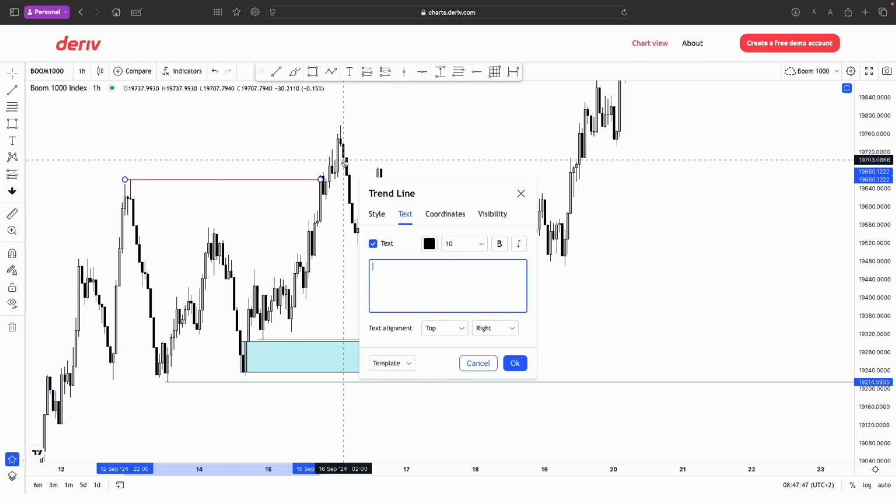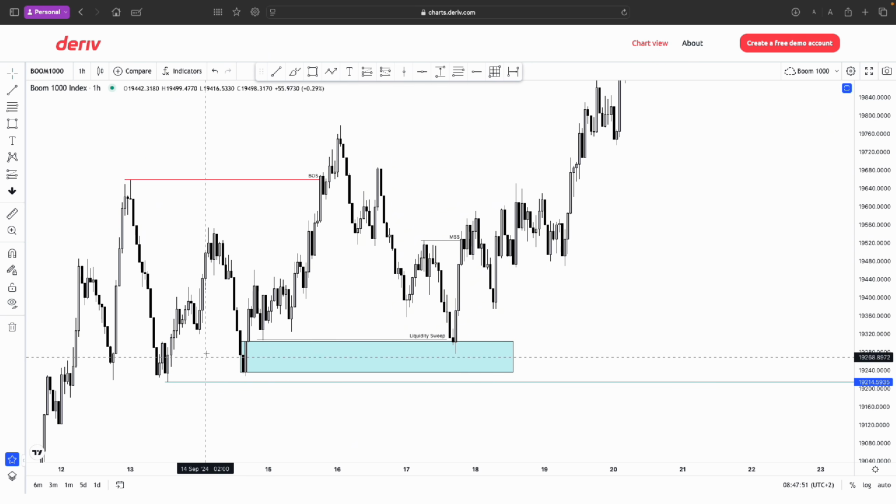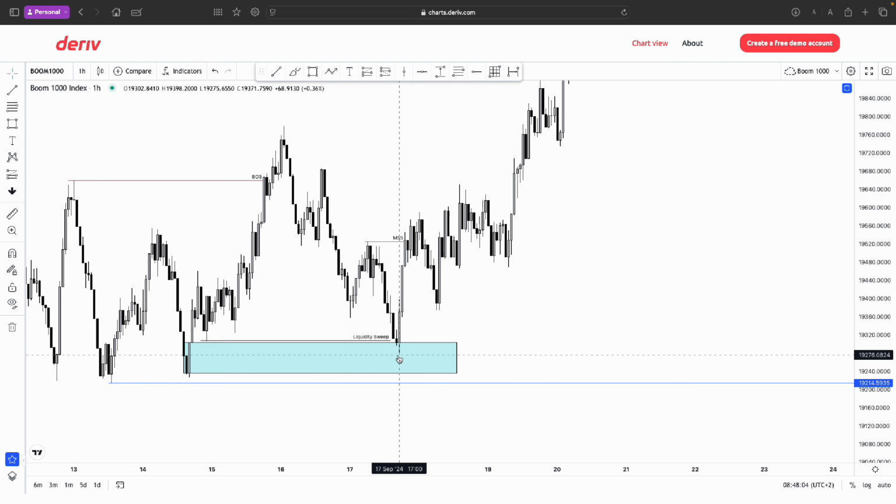So we have a break of structure. This low was created, we broke this high, break of structure, came back, liquidity sweep, reacted from our POI area, made a huge impulse move showing that price wants to get away from this area with a market structure shift.